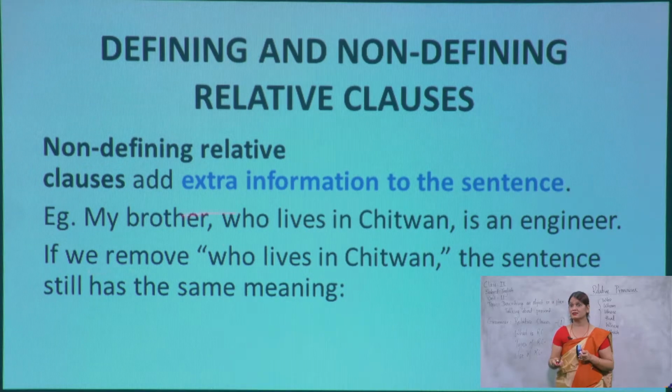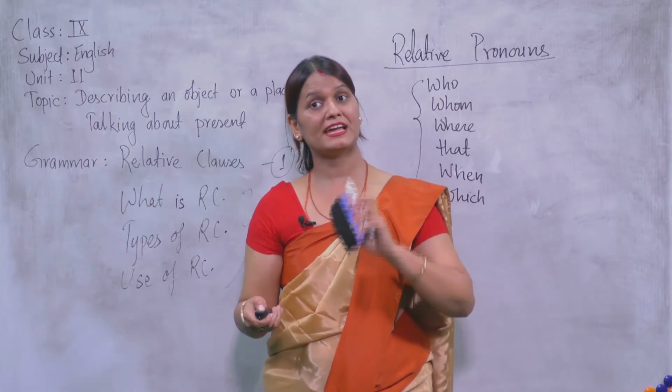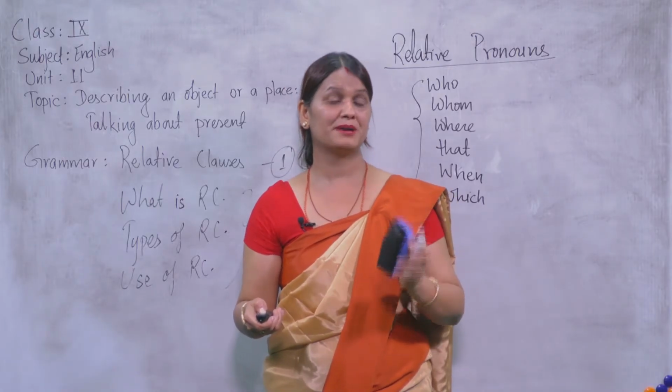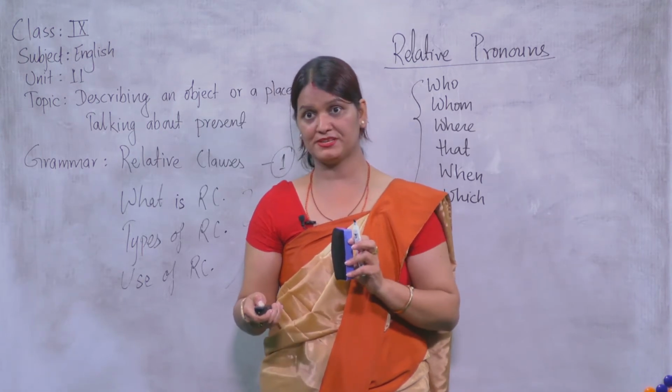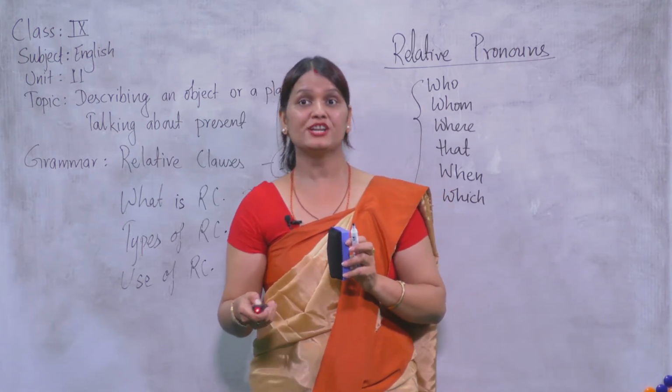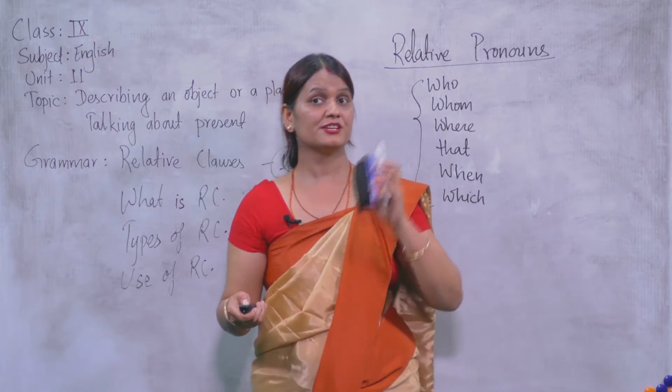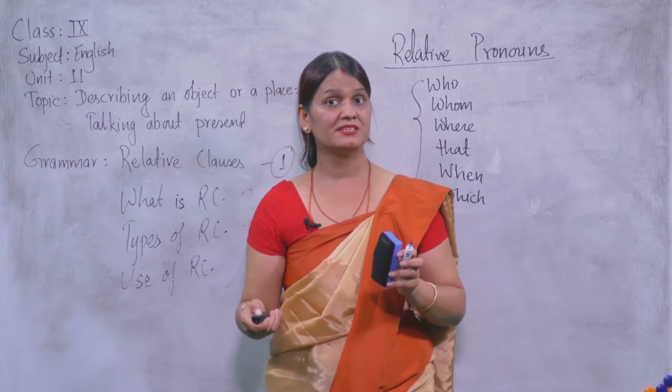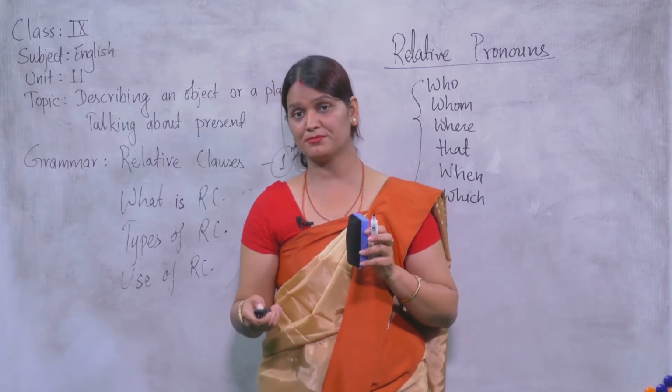This is a complete sentence. This is just extra information given here. So this is a non-defining relative clause. Remember that in a defining relative clause, the information added is essential. But in non-defining relative clauses, the information added is just extra.